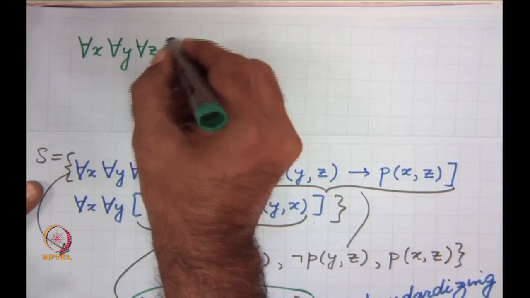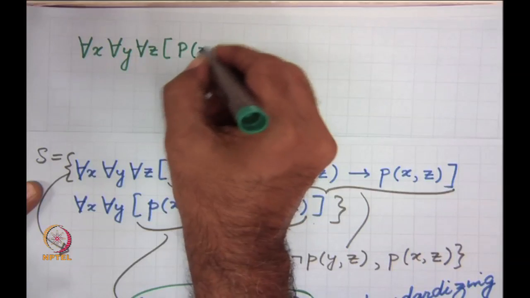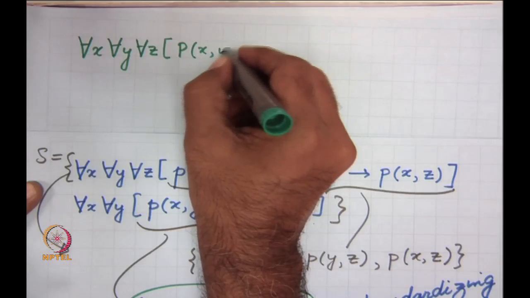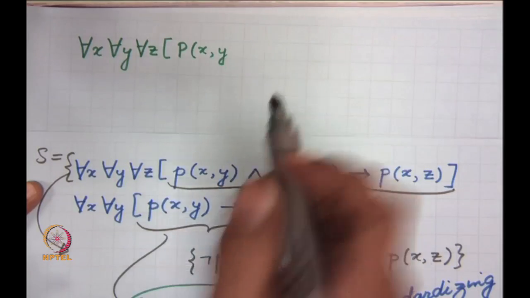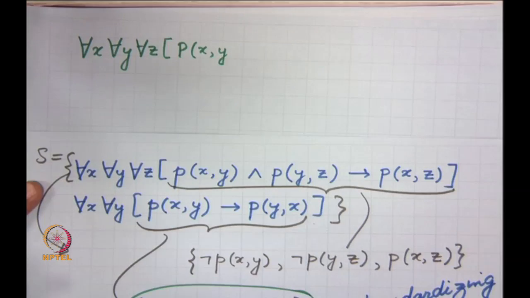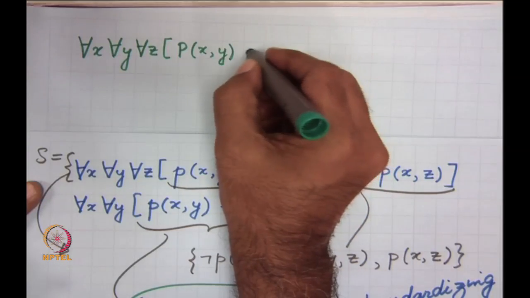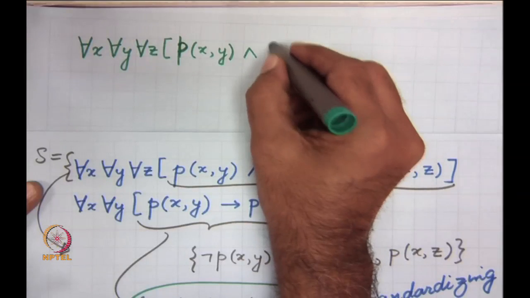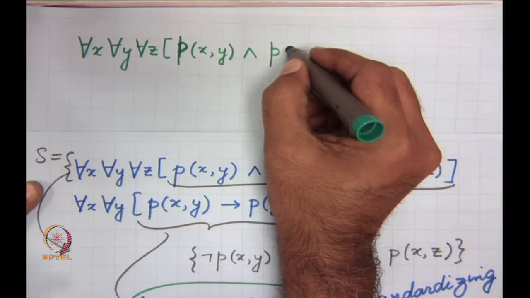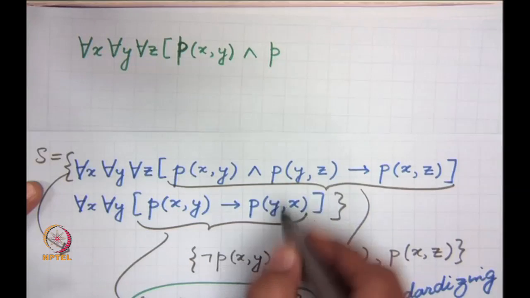For all z, it is transitive, right? Oh, it is also symmetric.